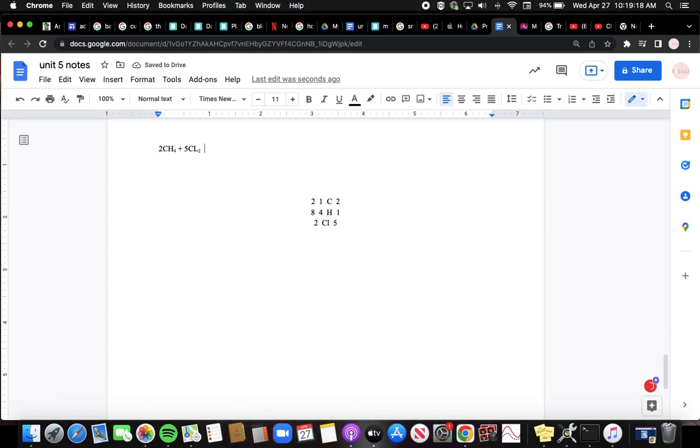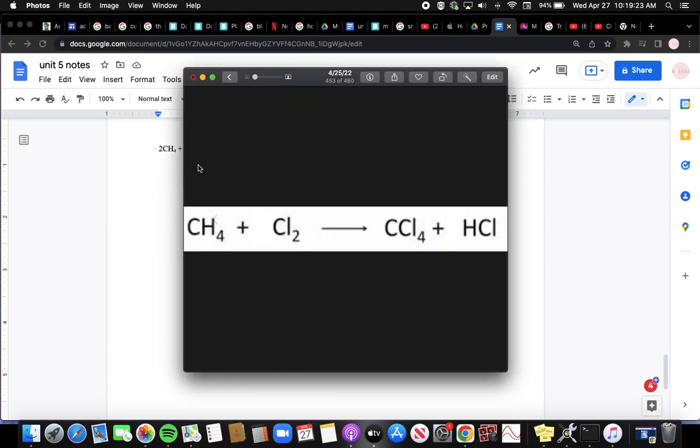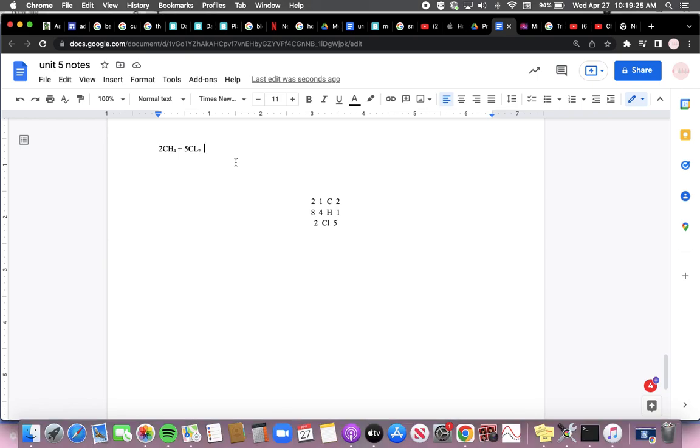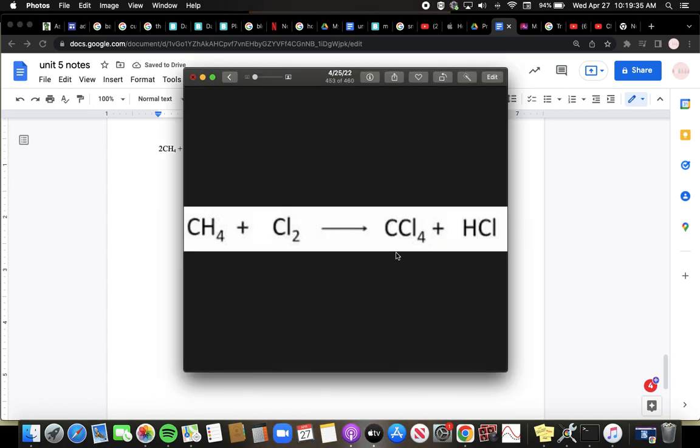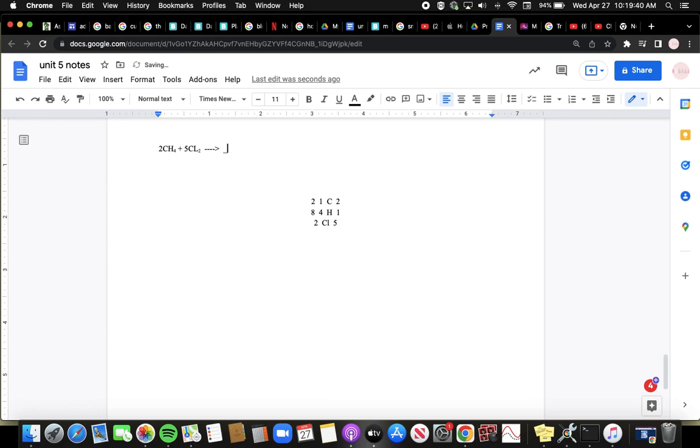Now, when doing that, we are done with this side, because this side is balanced out, I believe. And so what we're going to do is we're going to do this, and then we're going to do this. And then after that, a couple spaces, and then we're going to do CCl4.